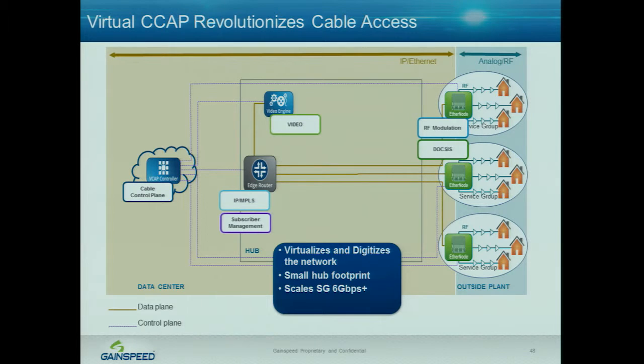So we think about the control plane functionality that was resident on a line card in the CMTS. We've taken that out of the chassis. We have virtualized it and moved it into a cloud-based controller. So control plane now resides in a virtual machine, and that doesn't have to reside in the head end. That can reside in a data center or anywhere in your network.